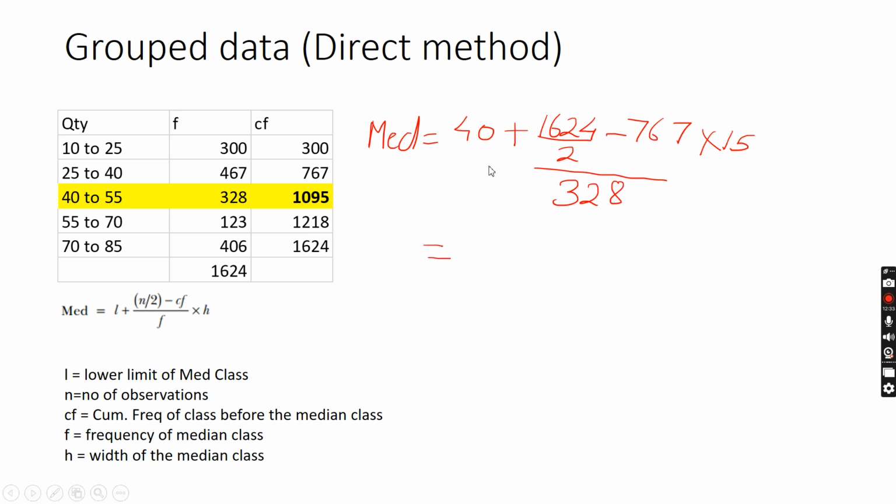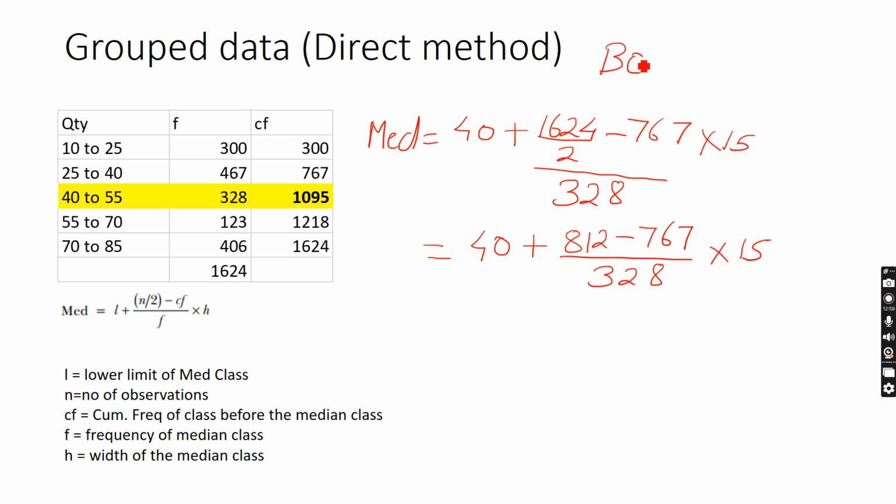Now, some points of note. When you are calculating this, do not take an LCM with the 40 plus. The 40 is a separate term which you keep separate, and then you calculate. So 1624 divided by 2 is 812, minus 767, divided by 328, into 15. If you remember the BODMAS rule, I'll write it for you on top.